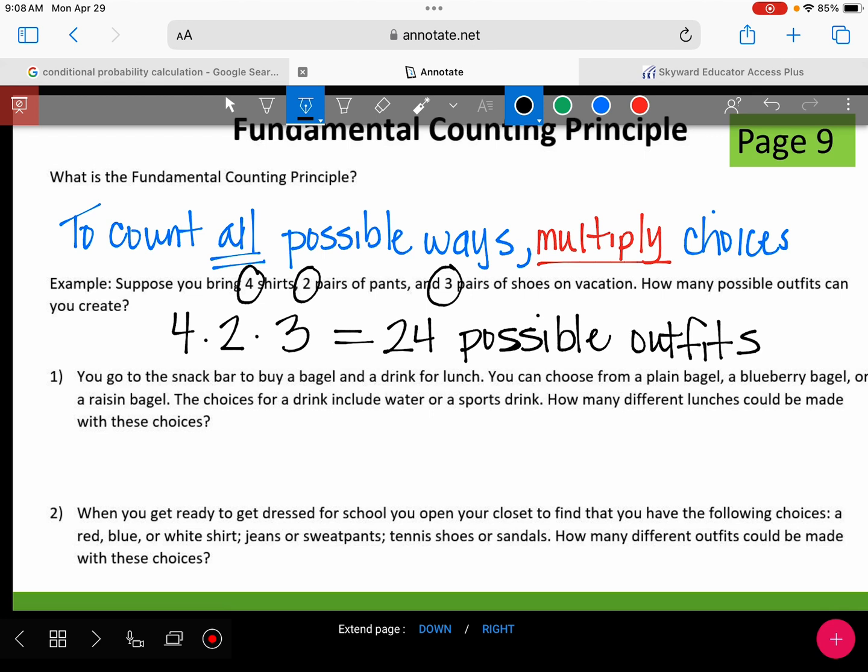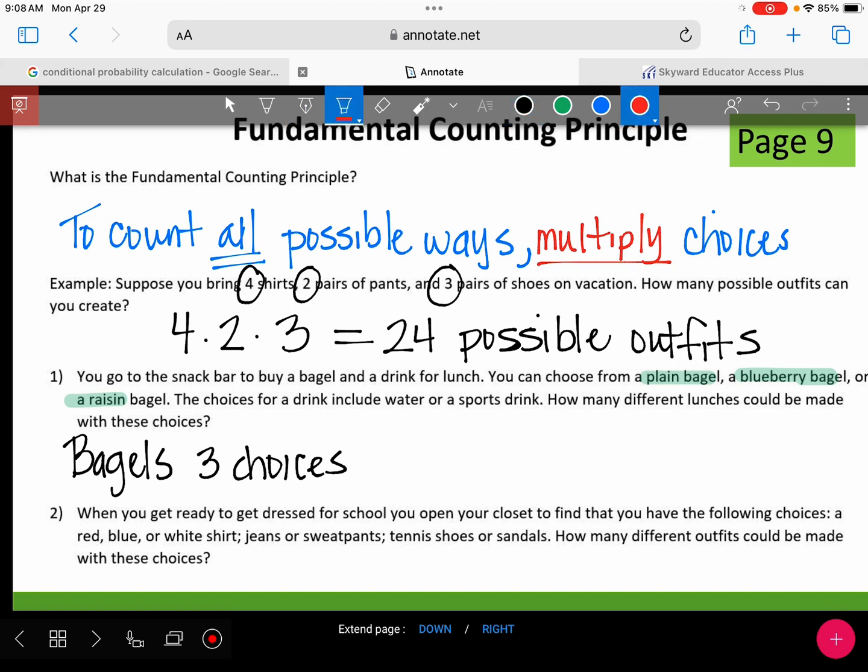Number 1 says you go to the snack bar to buy a bagel and a drink. So for bagels, how many options do we have? We can get a plain bagel, a blueberry bagel, or a raisin bagel. So how many different choices do we have for bagels? 3. So for bagels, we only have 3 choices. And then it says you also get a drink.